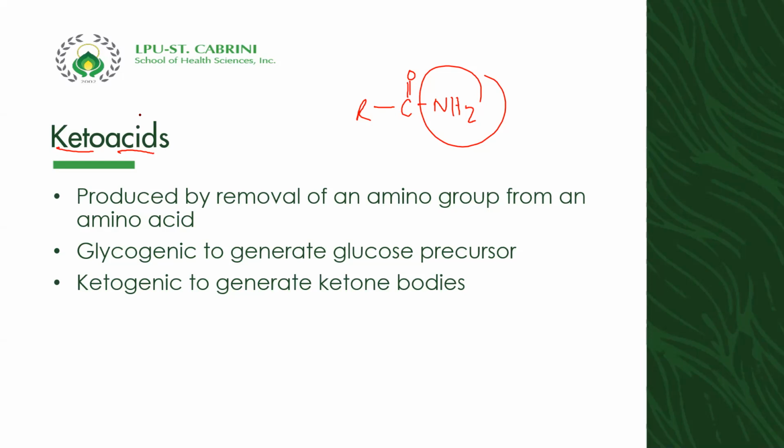The best examples of keto acids are the three ketone bodies that can be found in our body: acetone, the BHA, and acetoacetic acid. Those are examples of keto acids. Remember that these keto acids are glycogenic, generating glucose precursors.